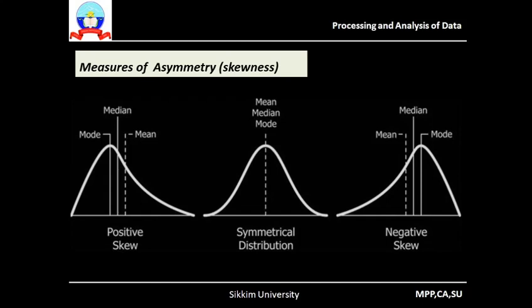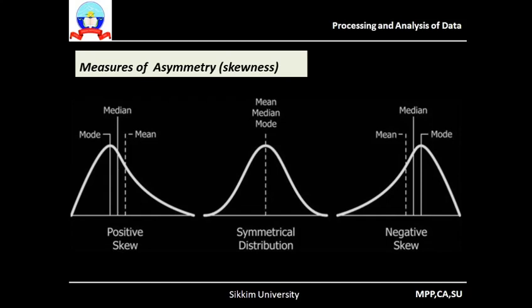Moving forward, in this class, we will discuss measures of asymmetry and measures of dispersion. Now let us try to understand measures of asymmetry. The data values in a data set are expected to have a symmetrical distribution along the measures of central tendency.